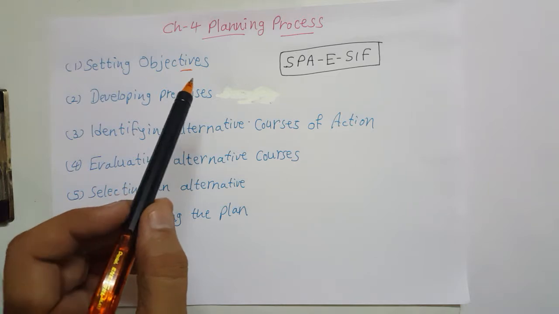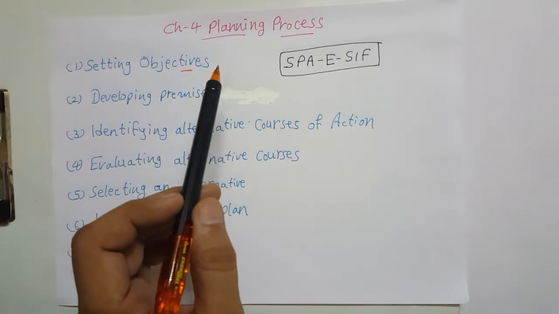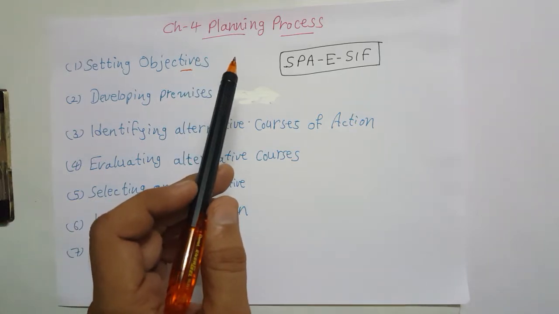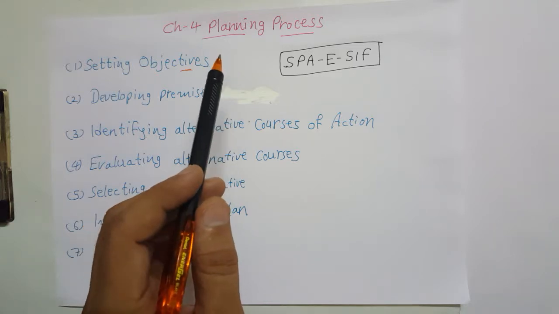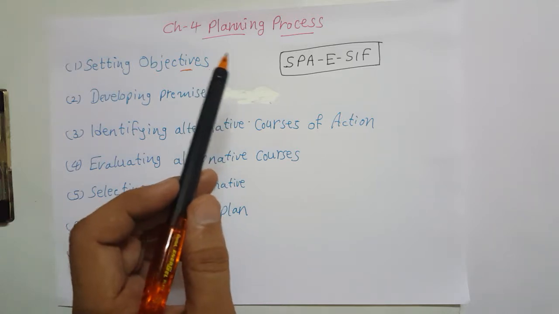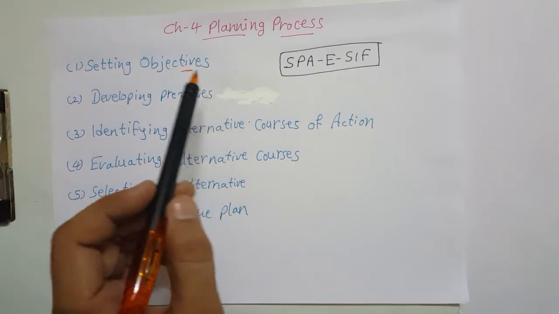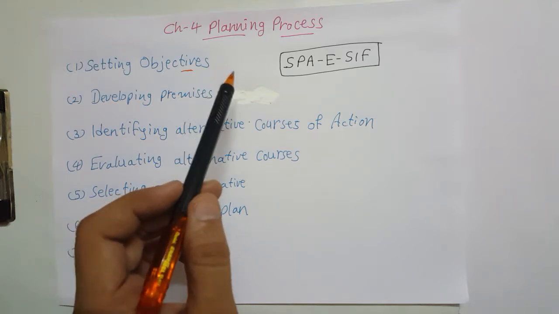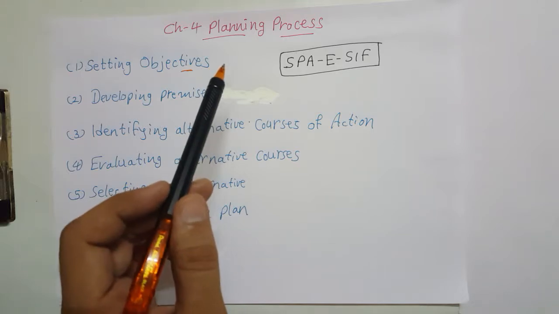Like if we want to increase the sales by 20%, this is an objective for the entire organization, and how all other departments would contribute to this organizational goal is planned out, is drawn in the plan.